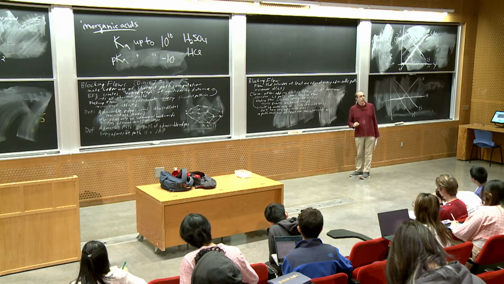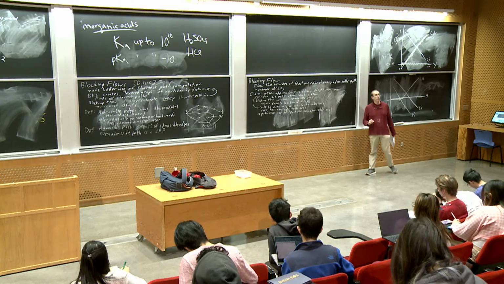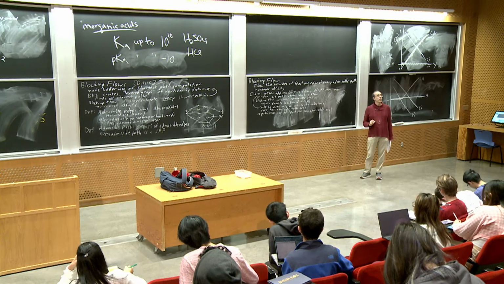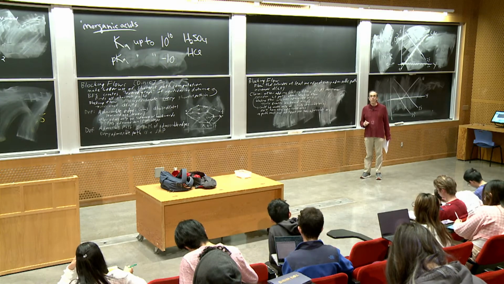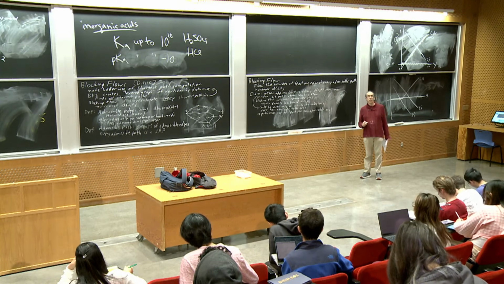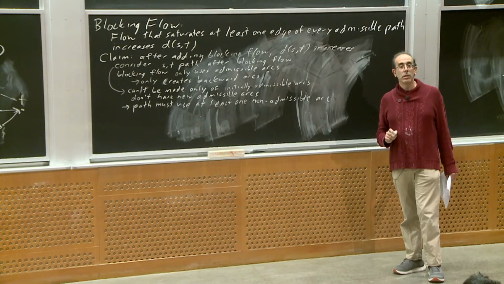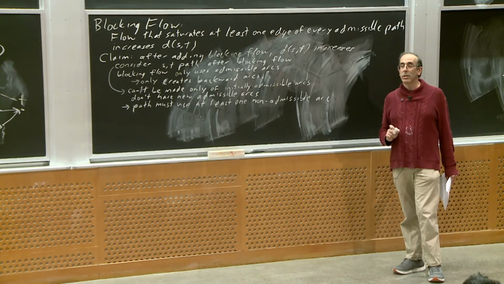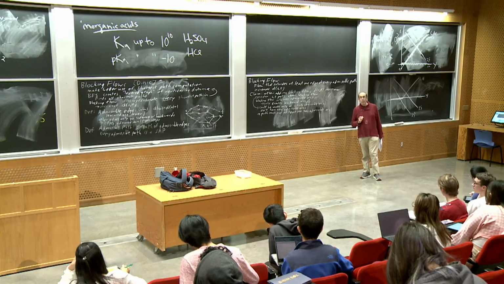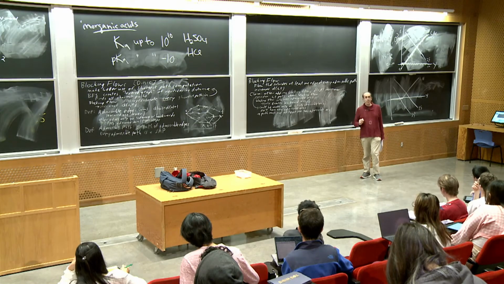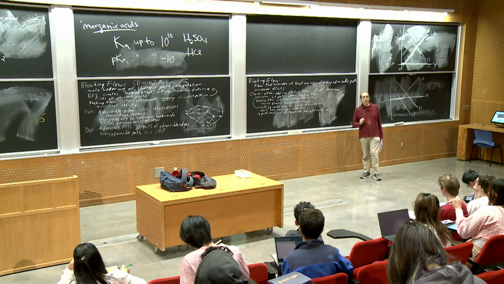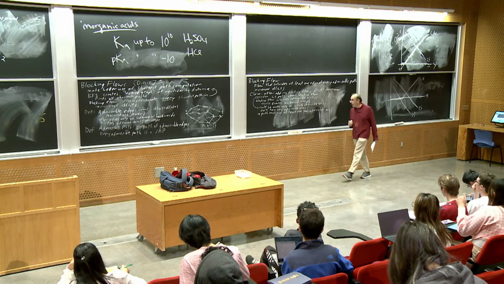And what does it tell us? If the path is using at least one non-admissible arc, what can we conclude? Yeah? The distance between S and T increased. Why? Tell me about this specific path. Because if it has a non-admissible arc, then it takes an extra step. Exactly.